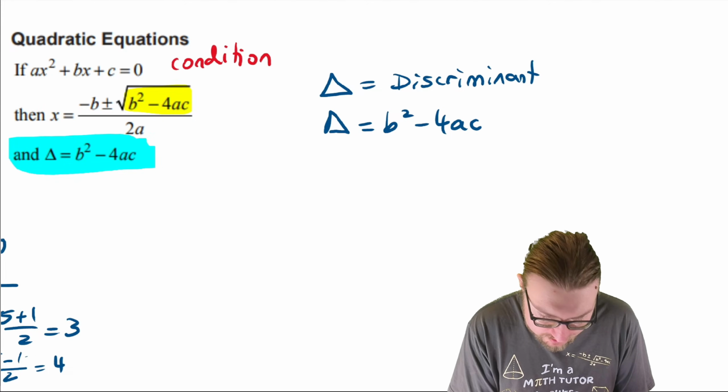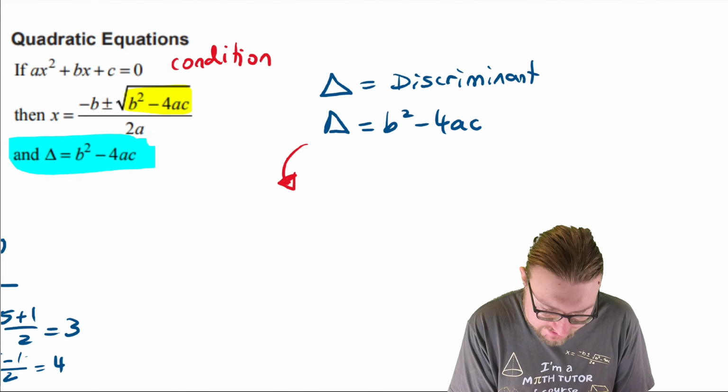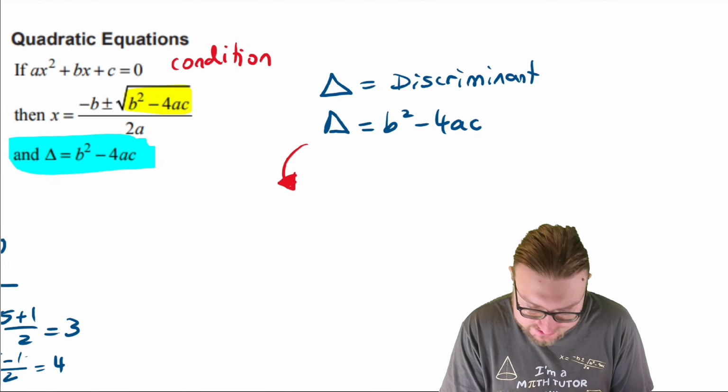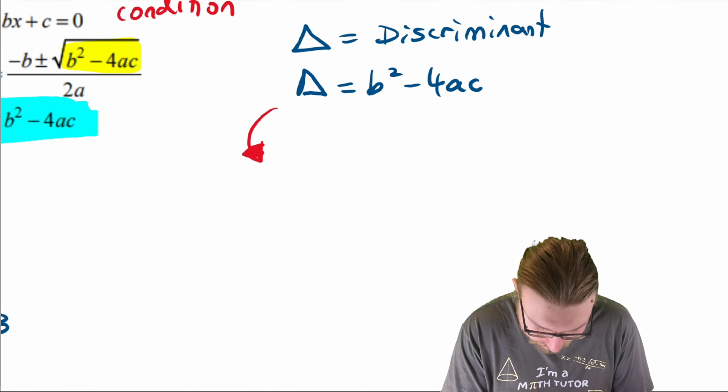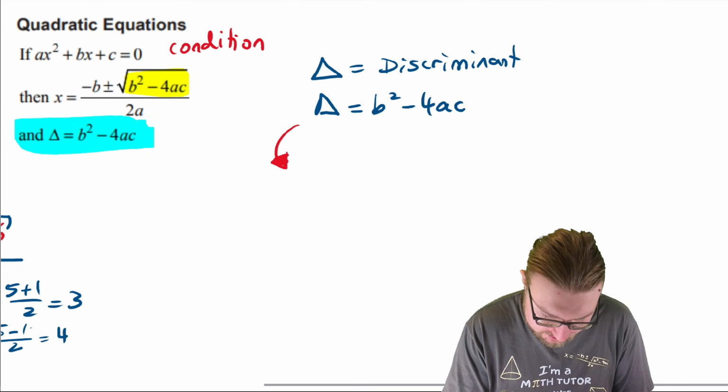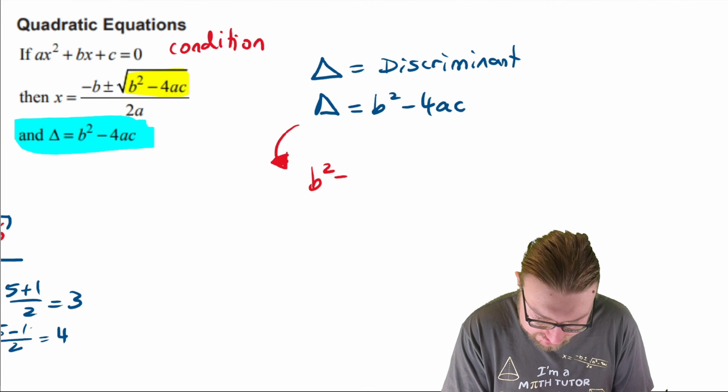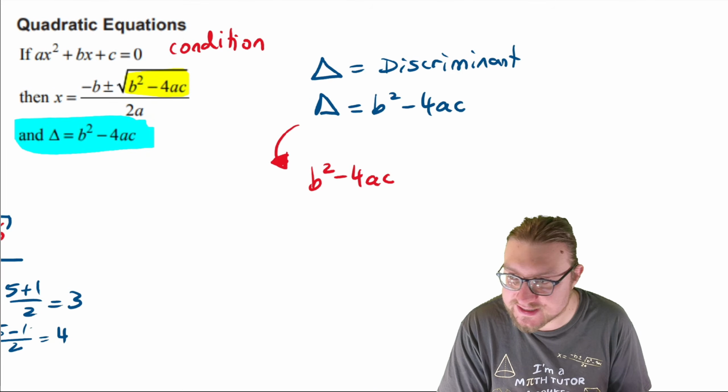So when we now use this to formulate our rule, there's 3 options, and we've written them down already. So we have b squared minus 4ac. This is the discriminant.